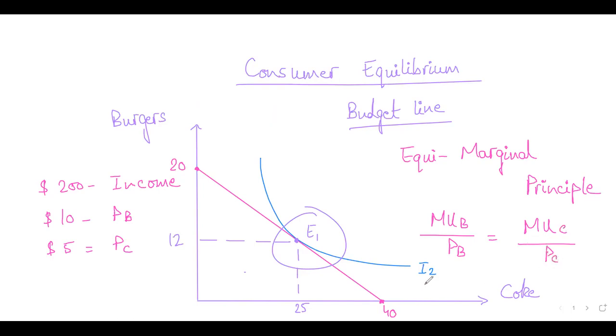Easy, right? Now, you need to understand the significance of this formula. Apparently this is just a formula, but it has a deep understanding to it. So let's have a look at this. The marginal utility of product B divided by the price of B is equal to the marginal utility of product C divided by the price of C, which in this case means burgers and Coke.